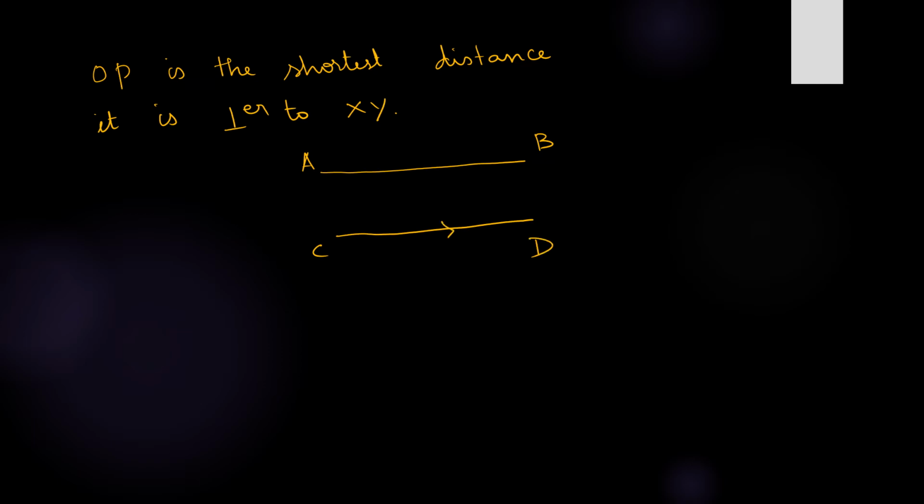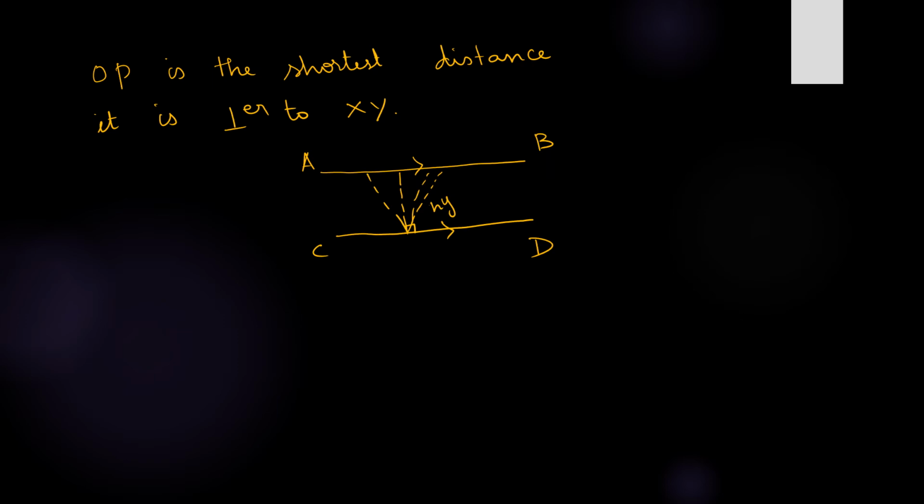The shortest line between these two lines is the perpendicular distance. We have studied that already. Any other distance will be longer, because it becomes a right angle triangle, and the hypotenuse is the longest side.